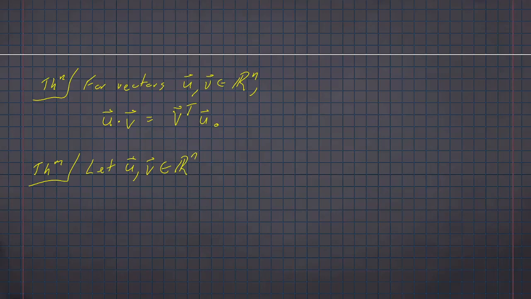Let's let our vectors u and v be in Rn still. And let's take A as an n by n matrix, a matrix transformation from Rn to Rn.